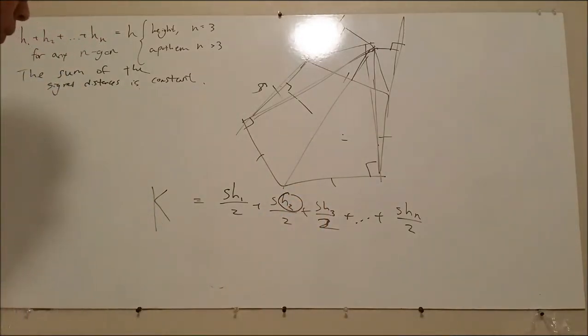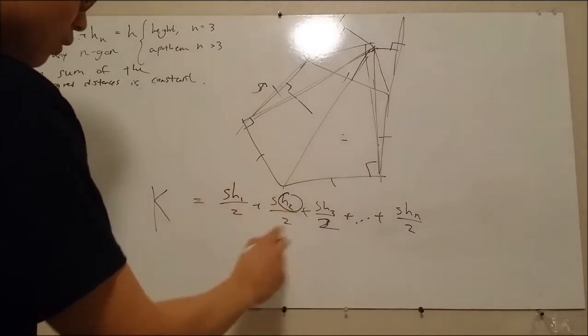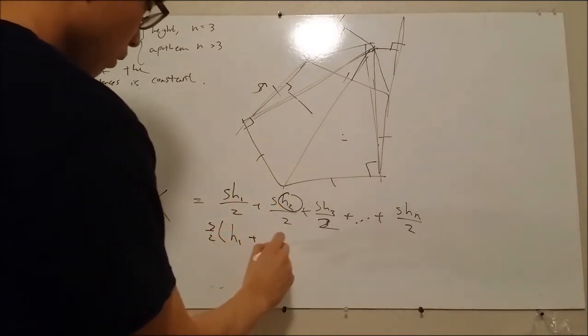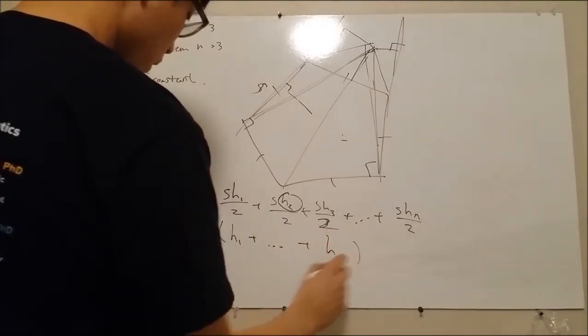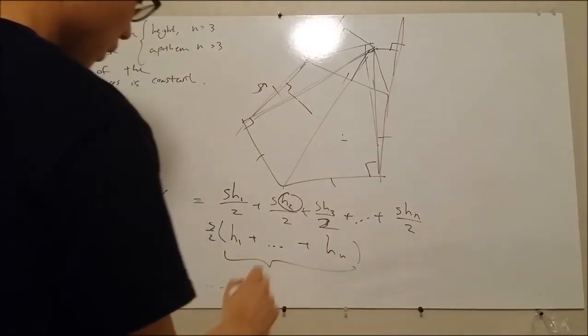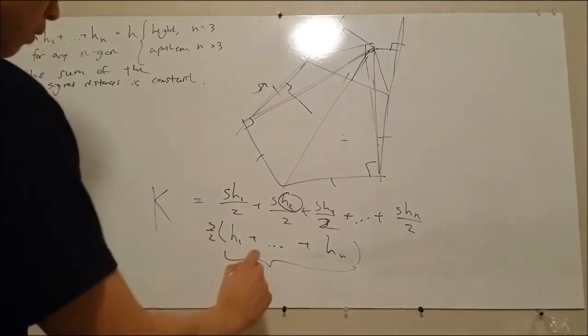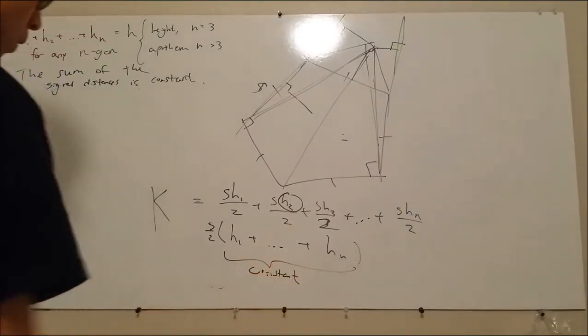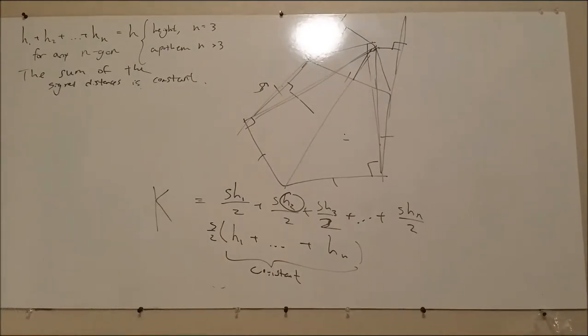Okay. So we distribute out S over 2 as before, and get this. And this shows that this is constant. Okay. So that's really all there is to it.